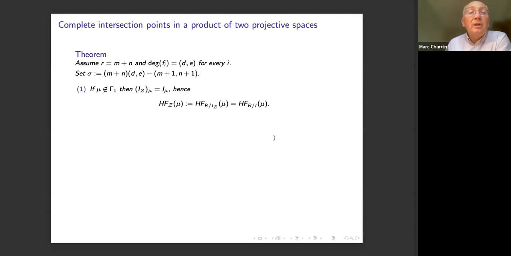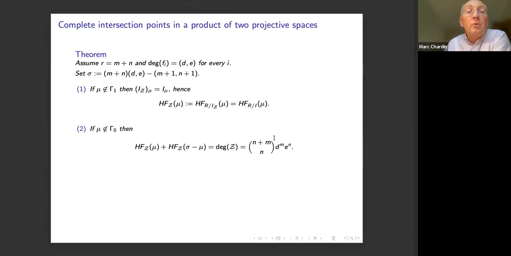First, if mu is not in the region gamma 1, so there are 3 regions, I will show the picture after, then the ideal is saturated. So the ideal is equal to its saturation. So the defining ideal of the points is equal to the ideal itself. And so in particular, the Hilbert function of the scheme Z is equal to the one of the ideal. We are interested in understanding the Hilbert function of the set of points.